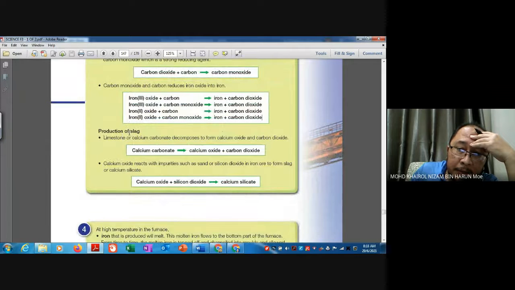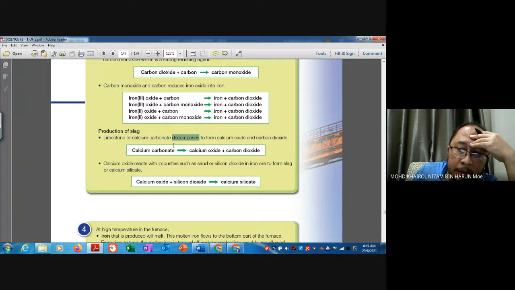Now, the slag. I want you to remember this exactly. The chemical name is given here. Limestone, whose chemical name is calcium carbonate, decomposes, terurai, to form calcium oxide and carbon dioxide.